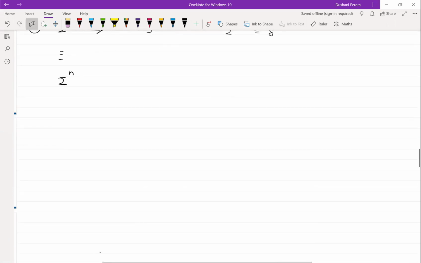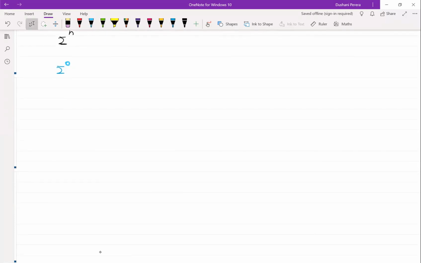Now the new thing that we are going to discuss is sigma to the power of 0. Just like what we discussed, this means the set of all strings that we can form over sigma which are of length what? Length 0.